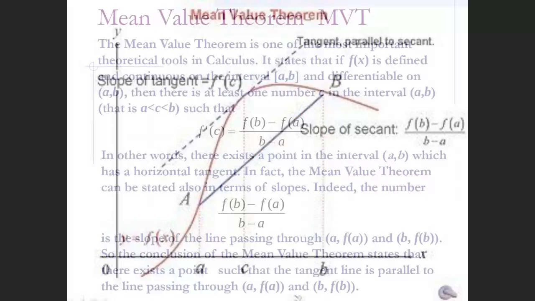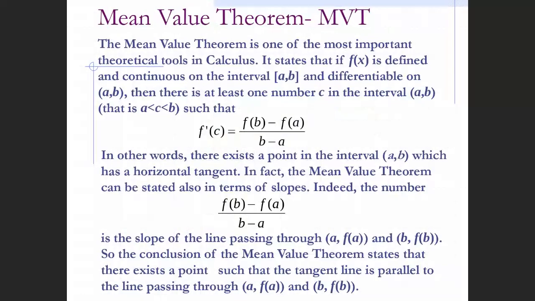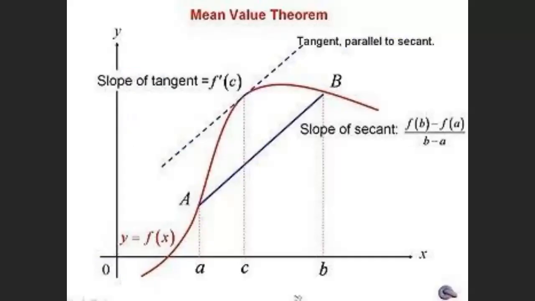According to the definition, the mean value theorem states that there exists a point such that the tangent line is parallel to the line passing through (A, f of A) and (B, f of B). So we pass a line between these points, and here is point A.